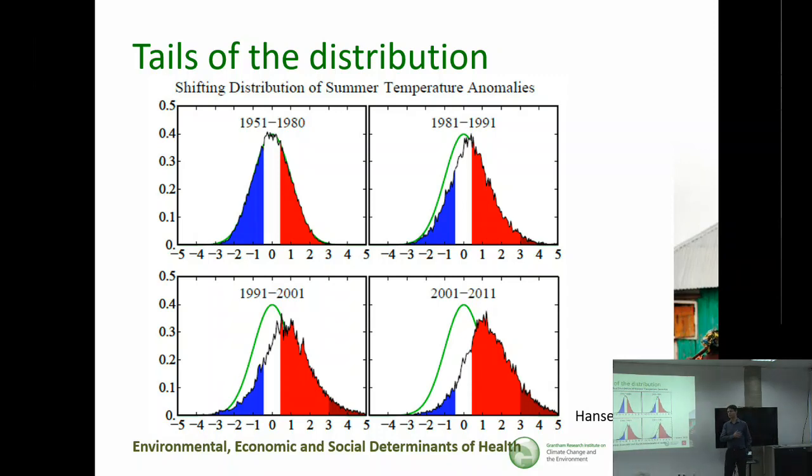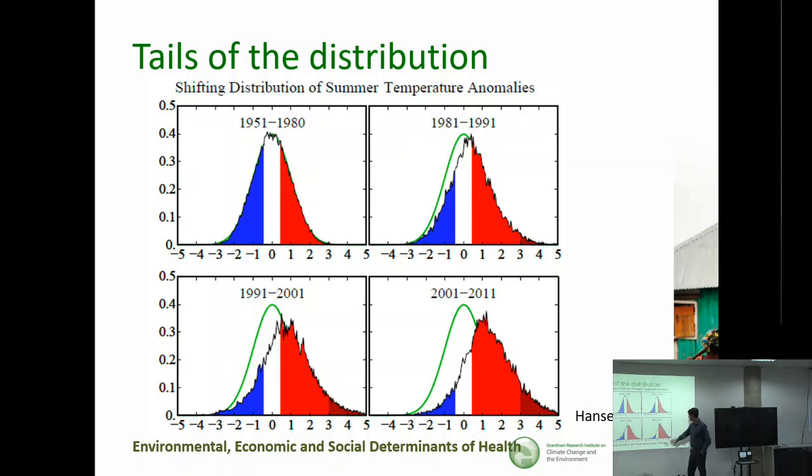We know that climate has already changed in a lot of areas. This is a representation of what's been happening to the distribution of climate across the world, summer temperatures, from the historical distribution of 1951 to 1980, and as that's shifted over.